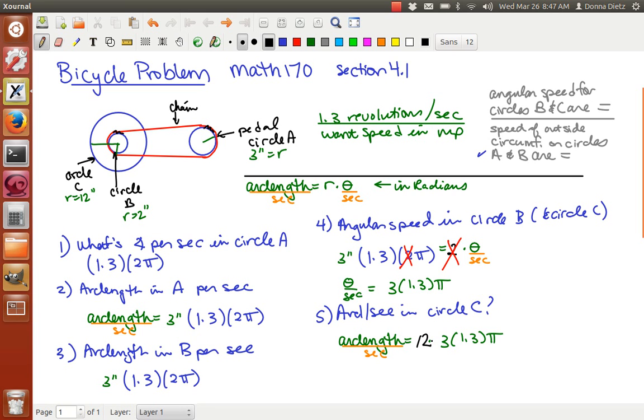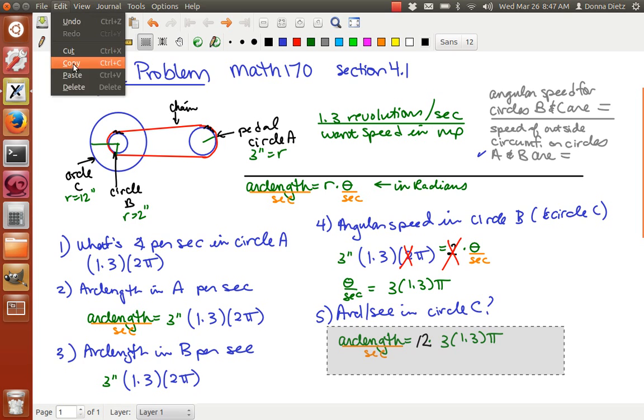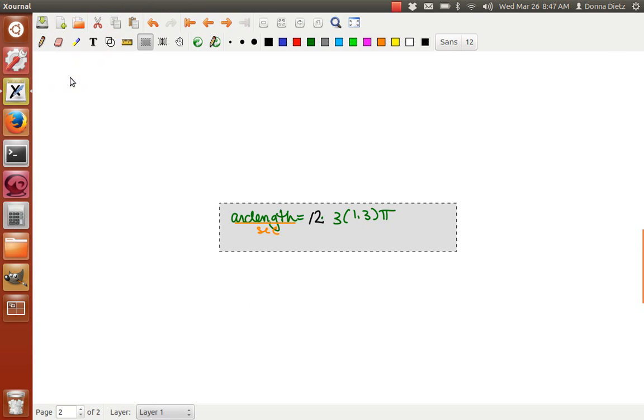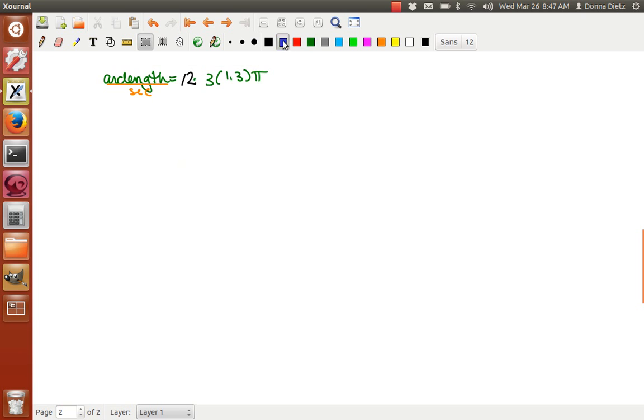So the next thing we have to do is convert it into miles per hour. So this turns into a whole different question. So I'm going to just take it onto another page. Okay, so we have arc length per second, and question 6 is, I'm just using those numbers.